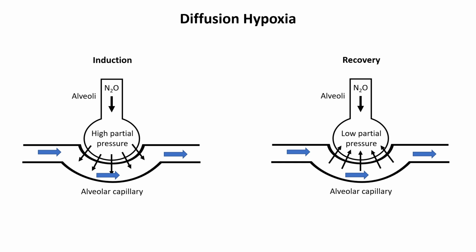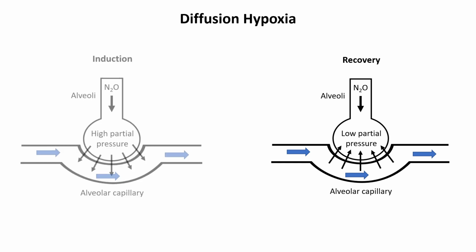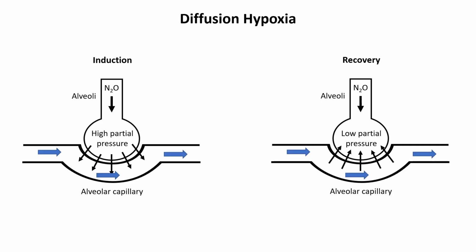Not everything is good about nitrous oxide, especially during the recovery phase when its administration is stopped. As nitrous oxide is discontinued, a large concentration of the gas diffuses back into the alveoli from the blood, opposite to what has happened during induction. This diffusion can dilute the inspired oxygen concentration, potentially leading to hypoxia.